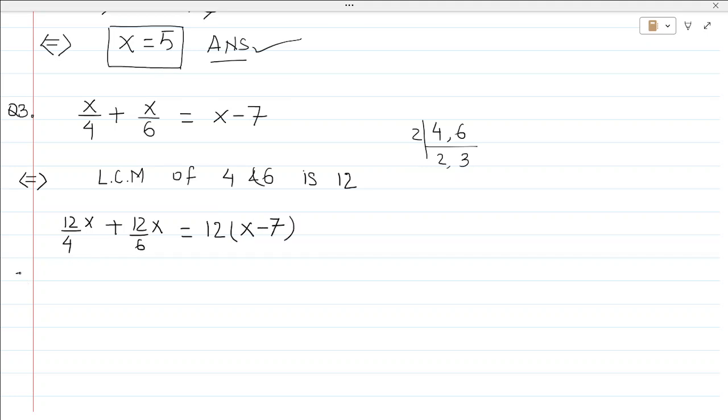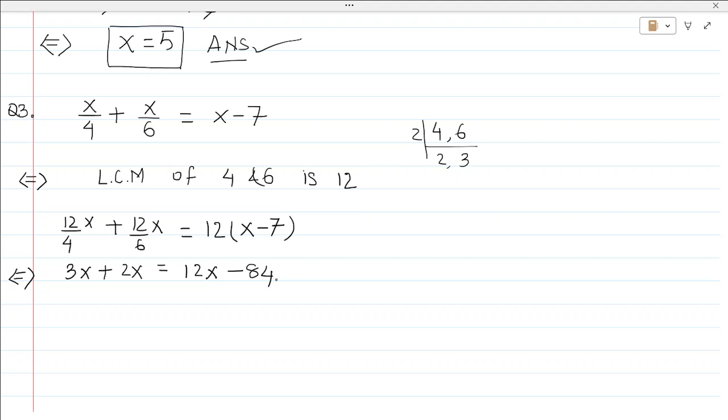Okay, so now what will happen? 4 3s are 12, 3x, plus 6 2s are 12, 2x, is equal to, we need to open the bracket, 12x, 12 7s are 84.